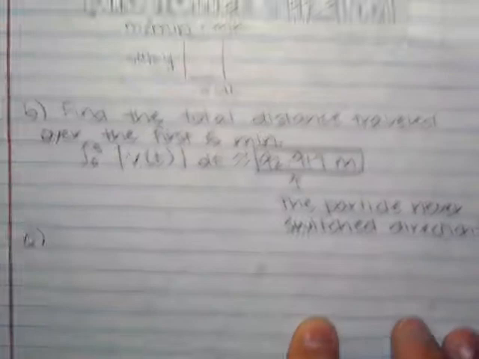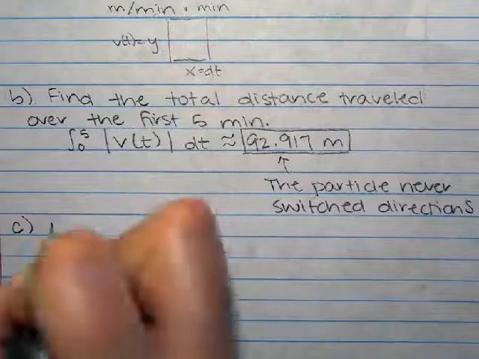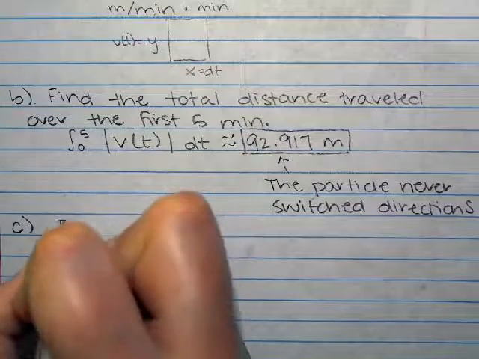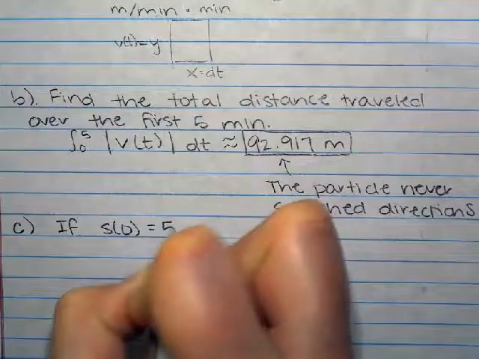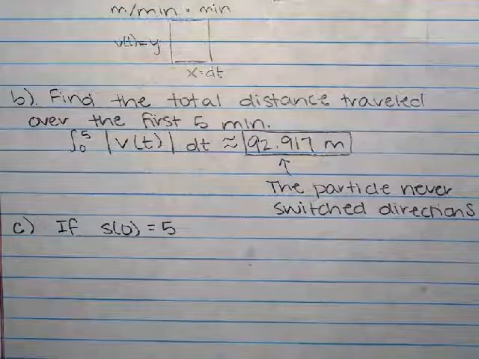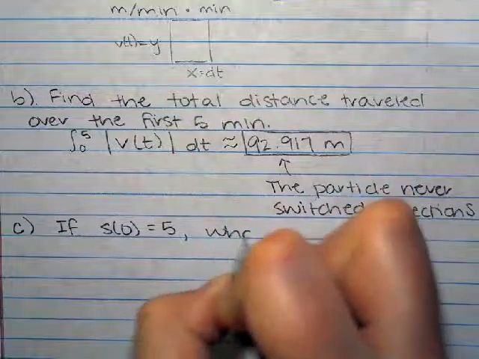Okay, so part C says if the initial value is 5, what is S of 3?